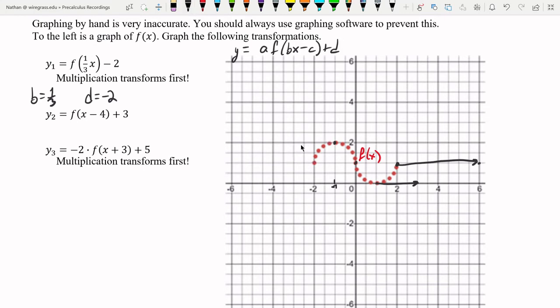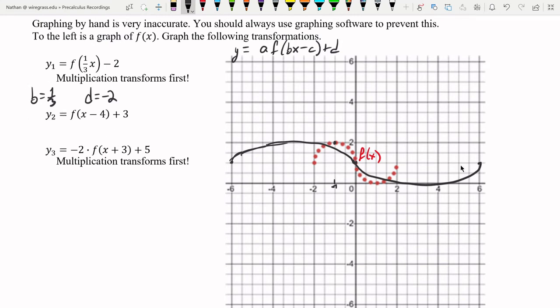So with that in mind, we can plot these points. This is going to look like this. Something to that effect. Not completely accurate, but it does the job for our purposes. That's the stretch. Now we have to shift it down 2 units.